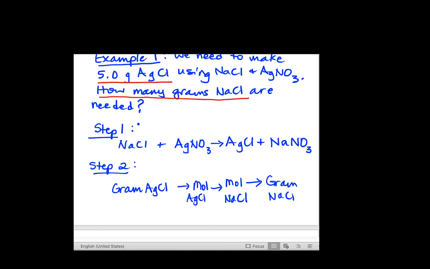That's going to be our flow. We use the molecular weight to convert the grams to moles, the balanced equation to go from moles to moles, and then the molecular weight again, this time the sodium chloride molecular weight, to figure out how many grams of sodium chloride we need.